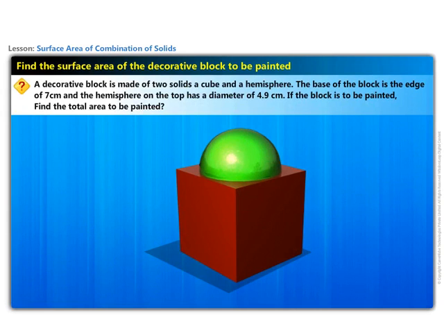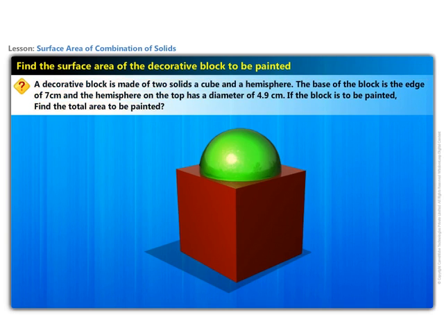Now, let us solve a real-life problem of finding the surface area of a decorative block to be painted. A decorative block is made up of two solids, a cube and a hemisphere. The base of the block is of edge 7 centimeters and the hemisphere on the top has a diameter of 4.9 centimeters. If the block is to be painted, find the total area to be painted.